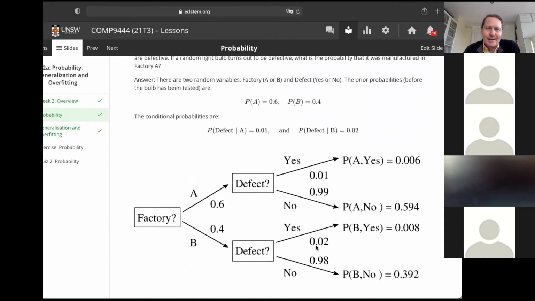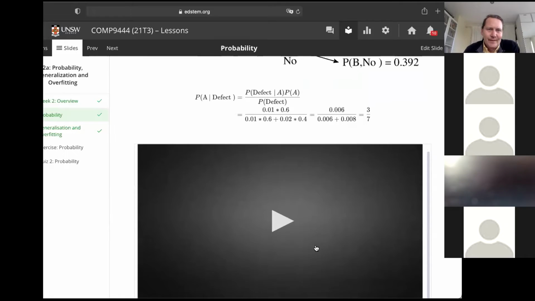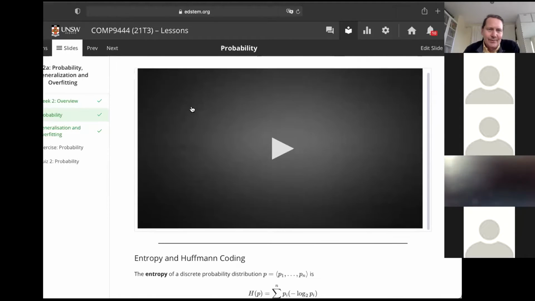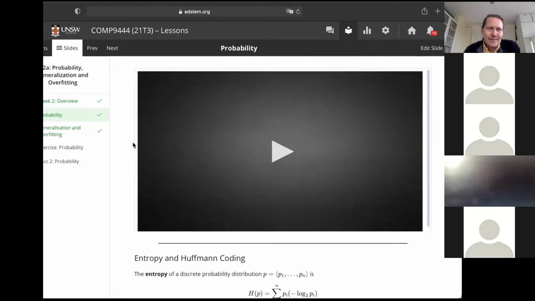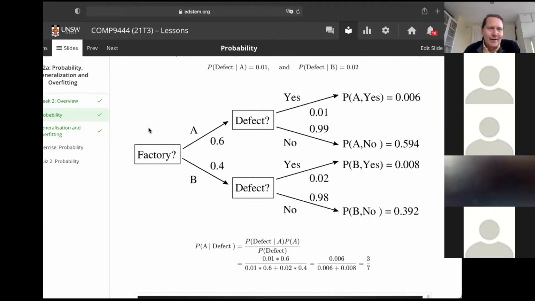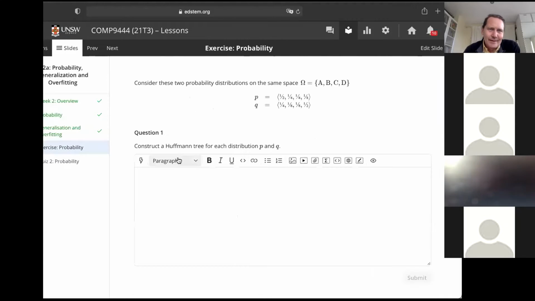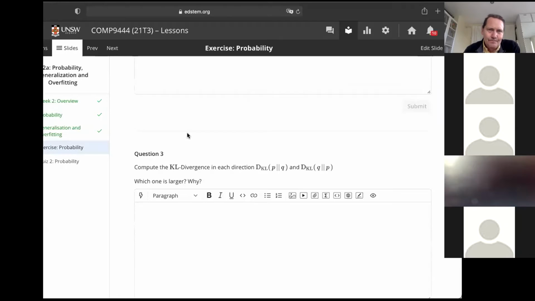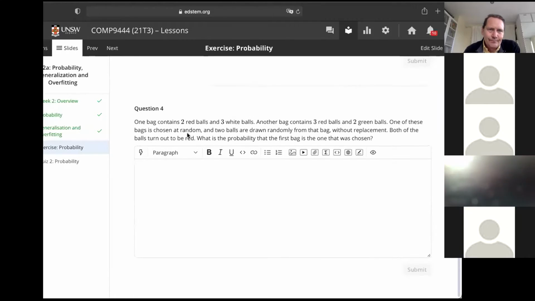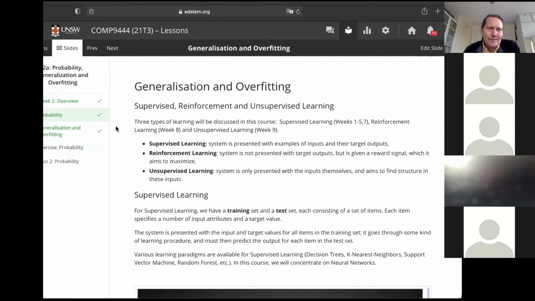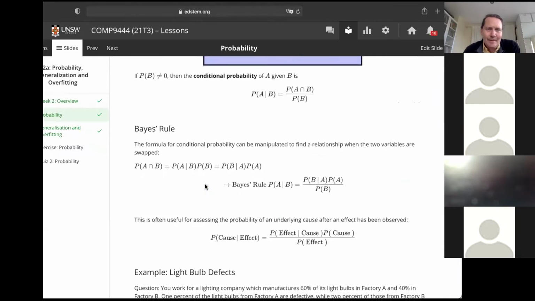So here's an example. You sometimes see examples with medical diagnosis, I think in the exercise today. You can use this in areas like pulling balls out of a bag, where you have to figure out the likelihood of each bag.